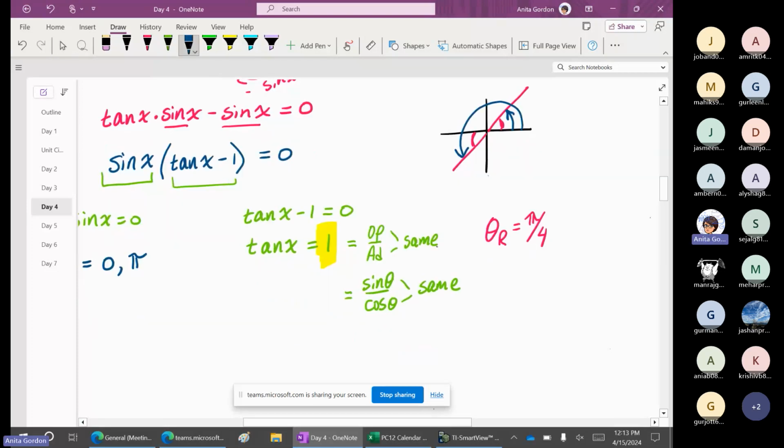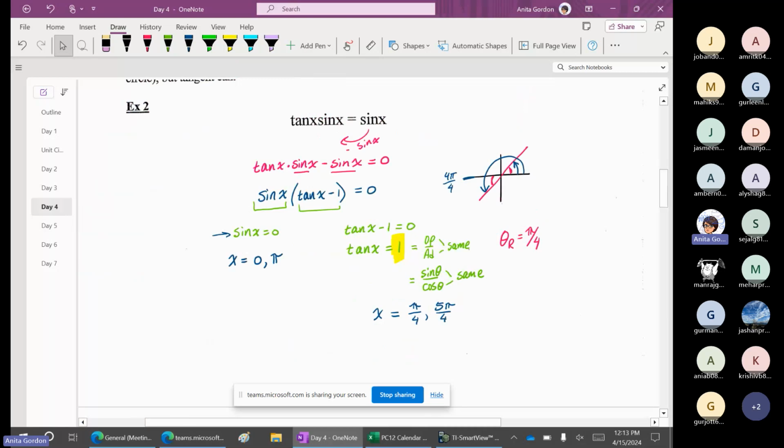So what's my solution? X equals. What would make that true? Pi by 4 and 5 pi by 4. Right? Because the halfway point is 4 pi by 4. If I'm going one more forward, that's 5 pi by 4.